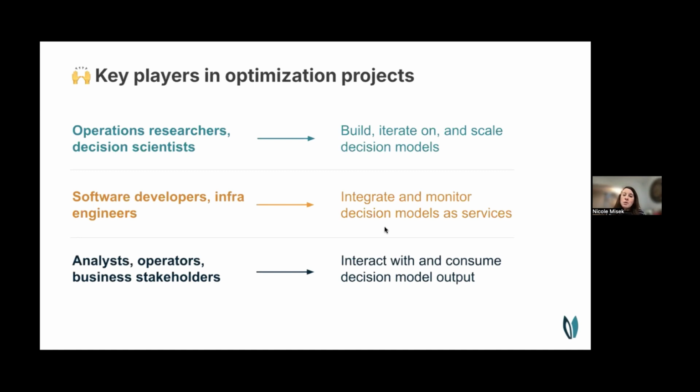This persona is responsible for integrating those decision models and monitoring those decision models as services. And then our last persona is, I don't want to call this one non-technical users because often they are technical, but maybe less in the weeds of the actual optimization model itself and a bit higher level in terms of just interacting with the output of that model, doing some downstream analytics, running experiments, and so on.